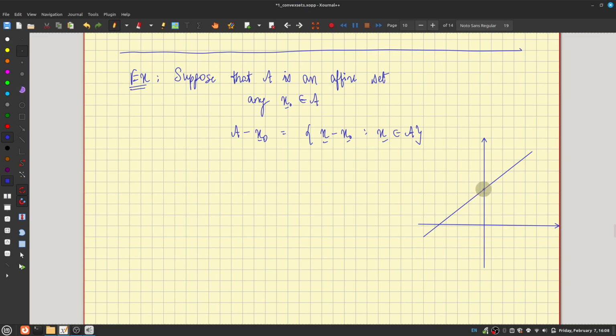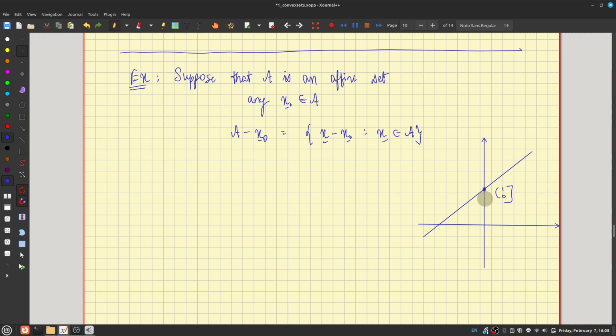Say this point is (1, 0). I look at A minus x naught, which means I take all of these points and shift them by minus (1, 0), which is the same as shifting it vertically down by 1 unit.